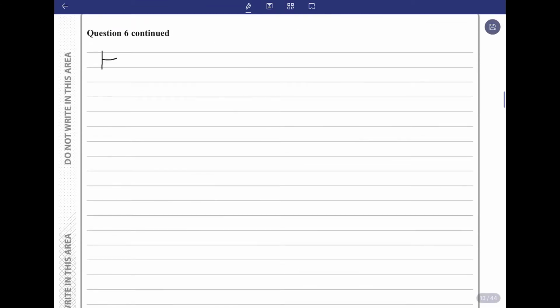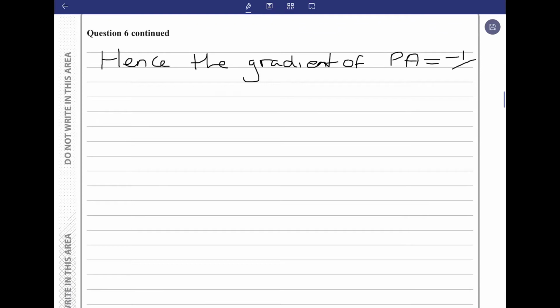So hence the gradient of PA is minus a half. So now we have the gradient of PA and we also have a point on it, namely A. So we have the point A equals 7, 5.